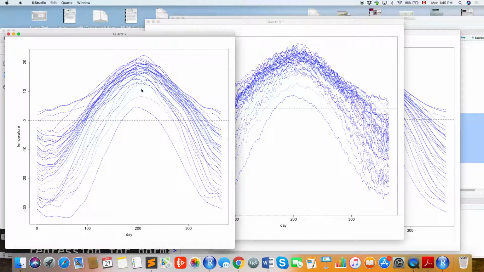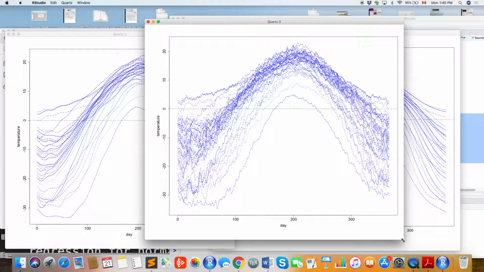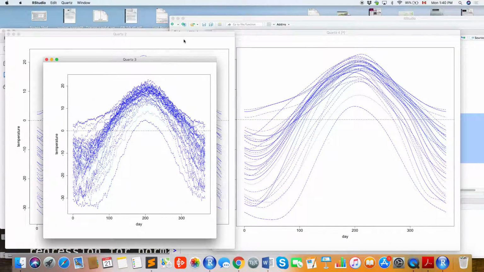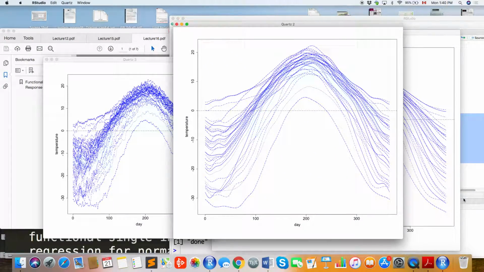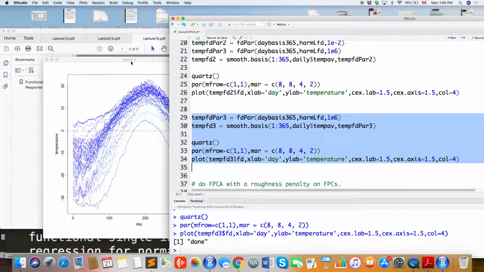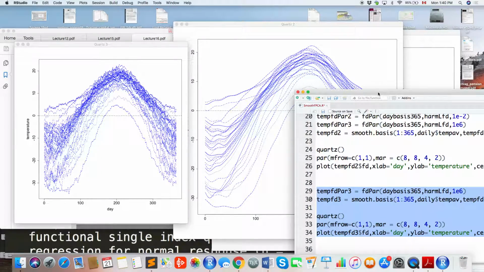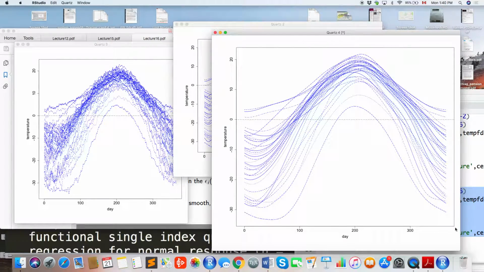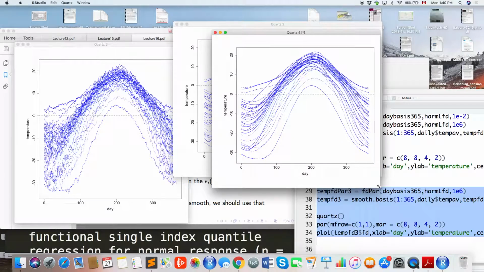So among these three versions, this is 10 to minus 2, the middle one is 10 to 4, and this is 10 to 6.